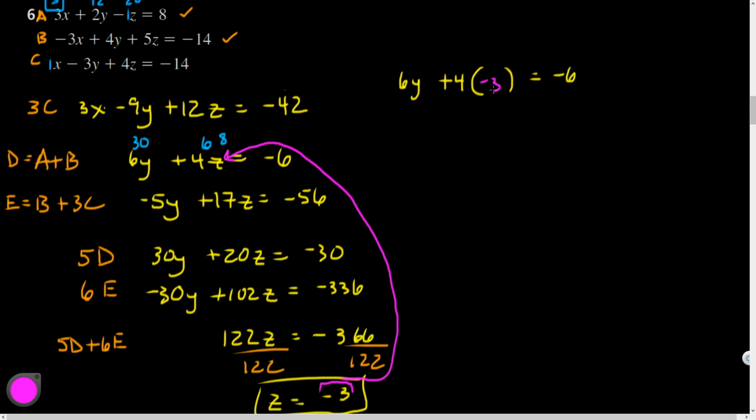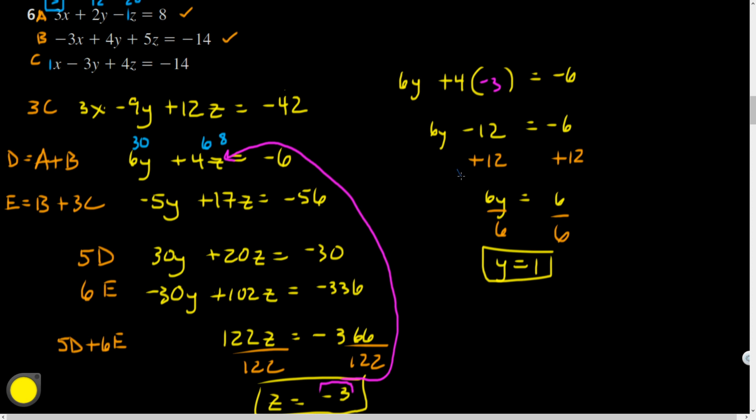And so I plug in the negative 3. 6y minus 12 equals negative 6. Add 12. 6y equals 6. Divide by 6. And I get y equals 1.